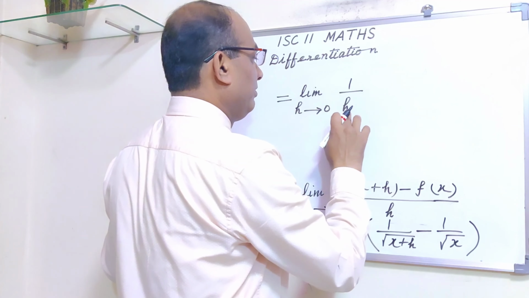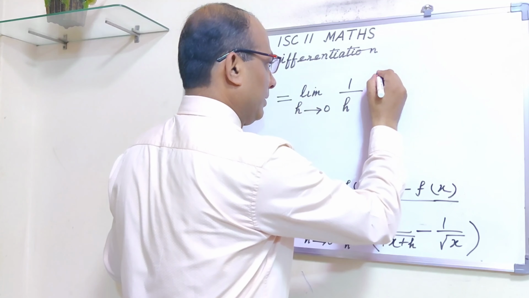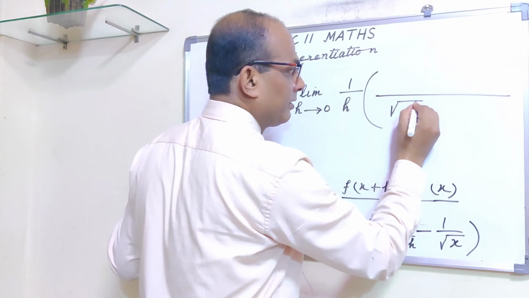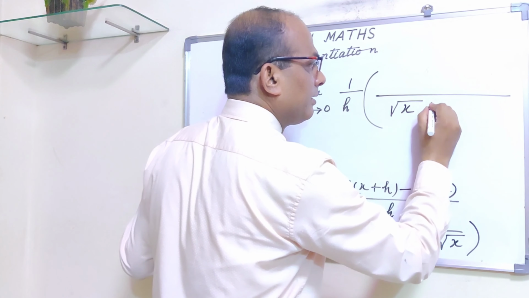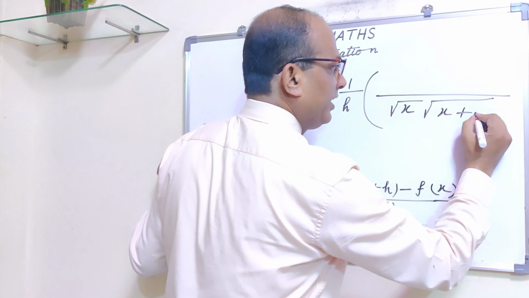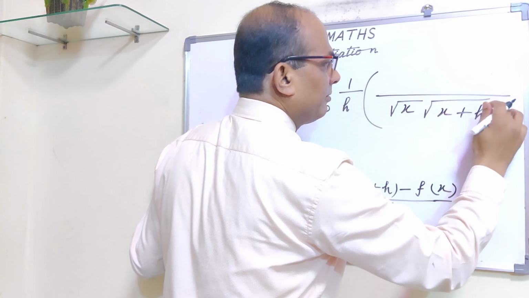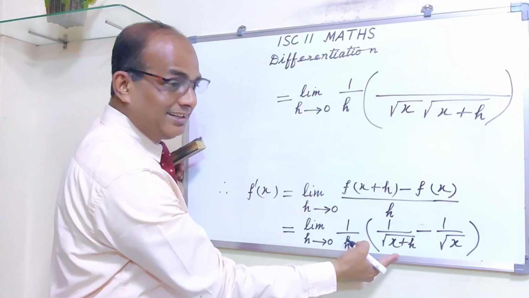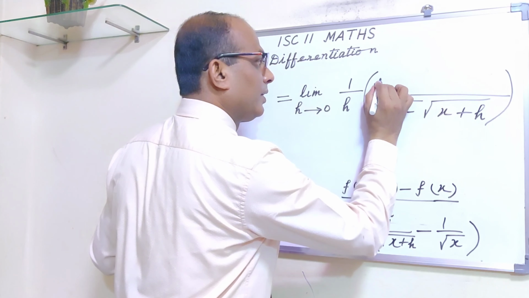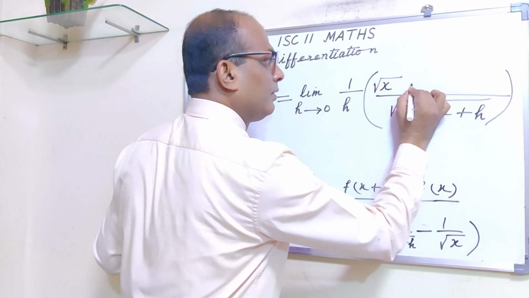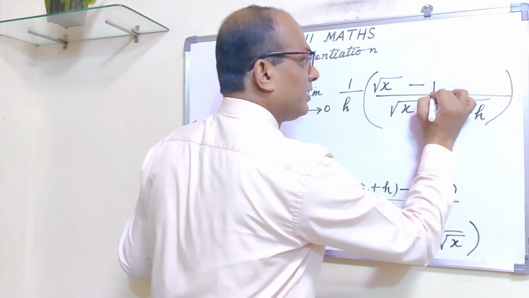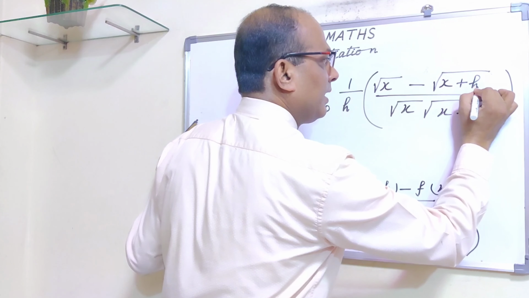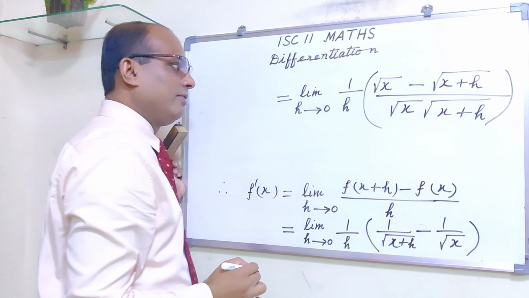So the LCM will be root x and root of x plus h. This is the LCM. Alright. And up we'll get root x minus this, so root x minus root of x plus h. Simple subtraction. Fine.